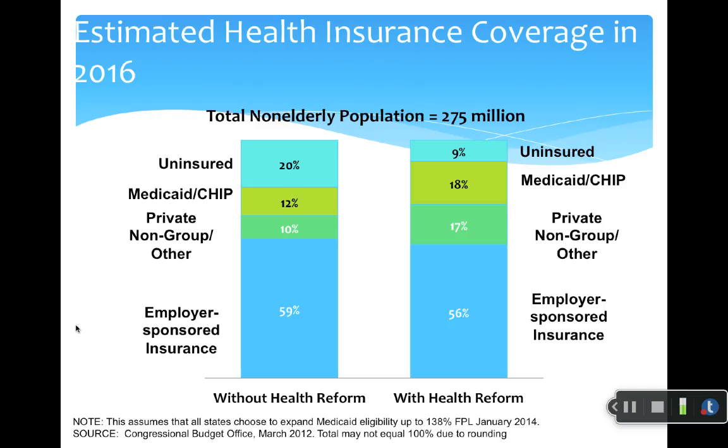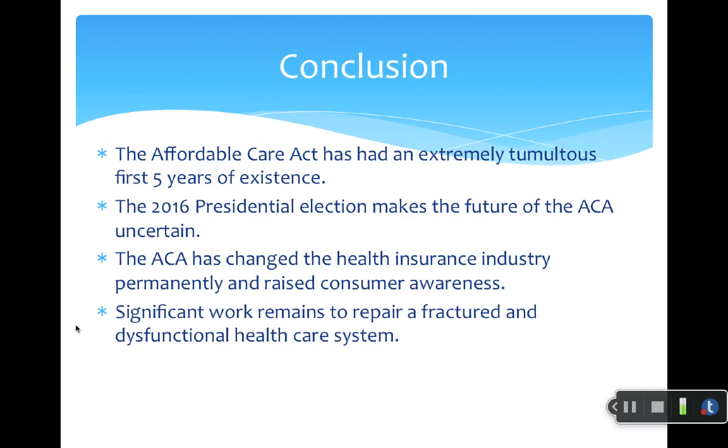That private non-group insurance, the insurance policies that you buy through the exchanges, that population will obviously continue to increase. And what we'll see is that the employer-sponsored health insurance market will shrink a little bit. And so what we are expecting to see is these sort of dramatic improvements over what we know would have happened if the status quo had remained the same and the Affordable Care Act had not existed.